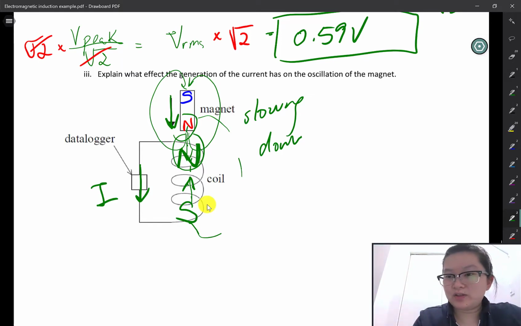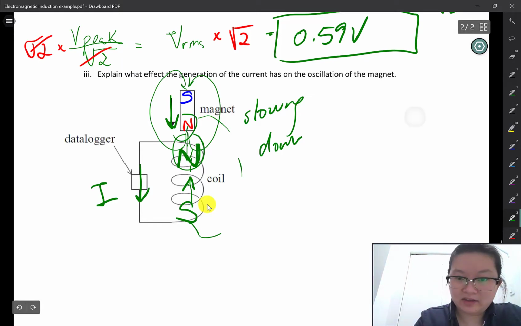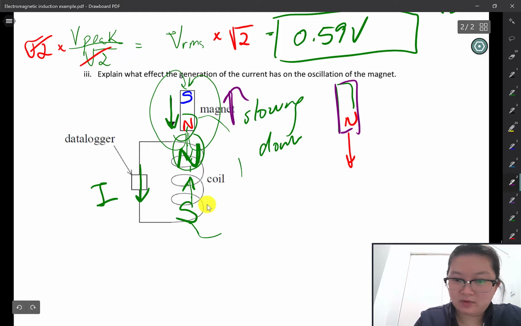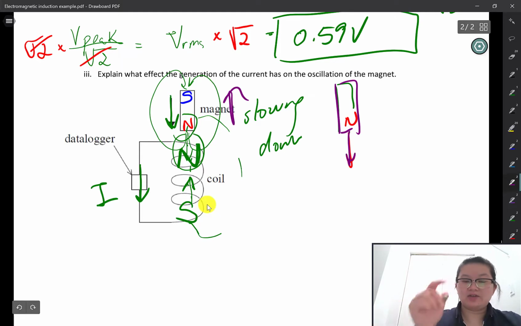So what happens when the magnet is leaving the coil? Let's use a different colored pen. Let's say we have the same magnet, but then it's going to leave. As it is leaving, again, the North Pole is still going to be in the same direction, but in this case, the field lines, even though they're still in the same direction through the coil, are going down into the coil.